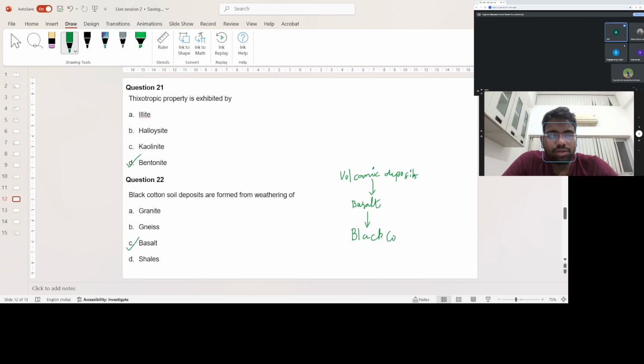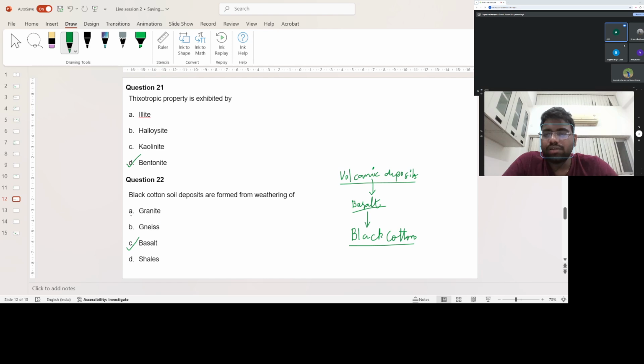So this is the reason why we find black cotton soils predominantly in the western part of India, especially in Maharashtra and some parts of Karnataka as well. I hope it is clear now, right?